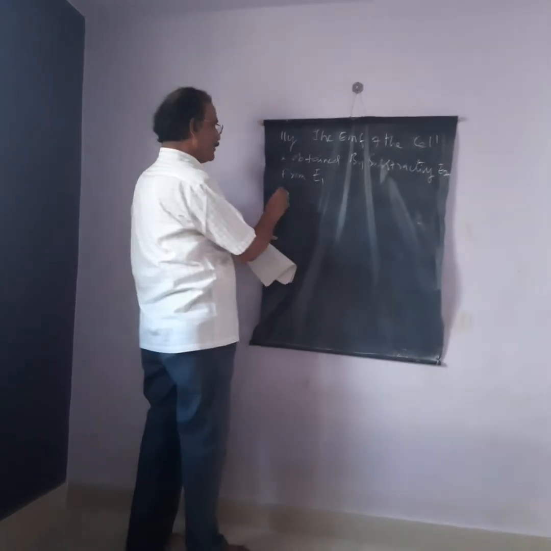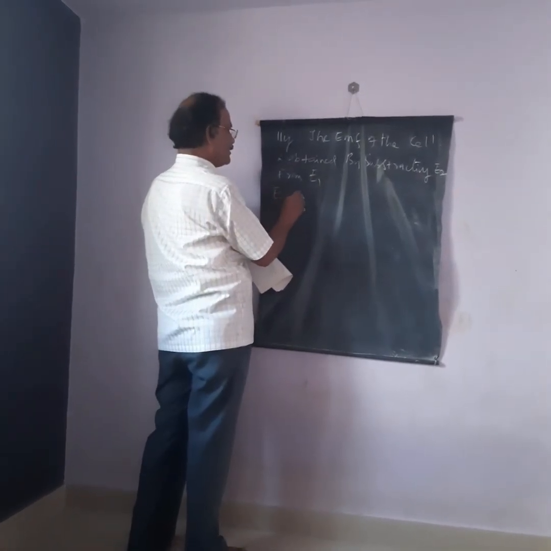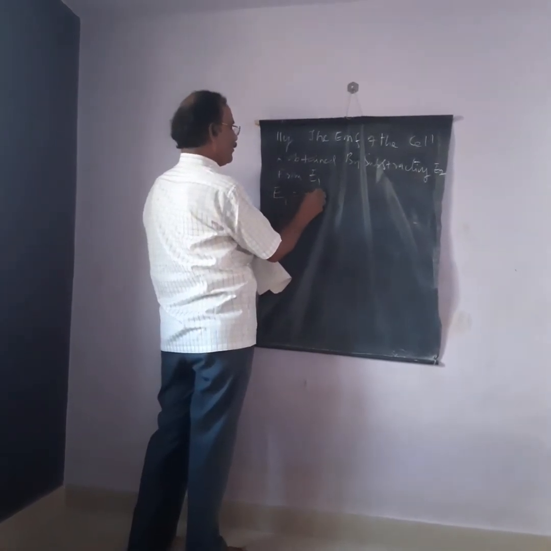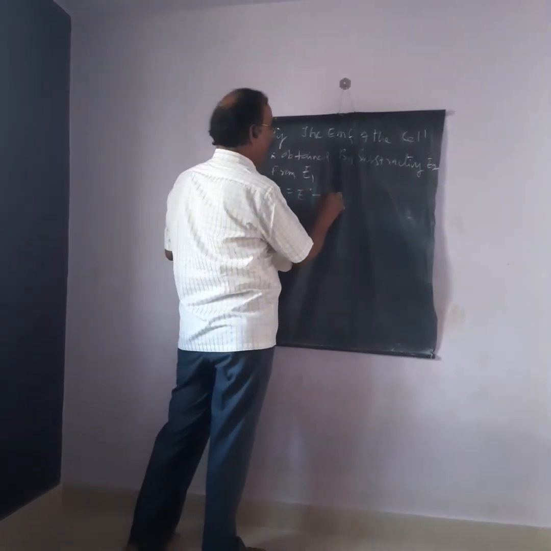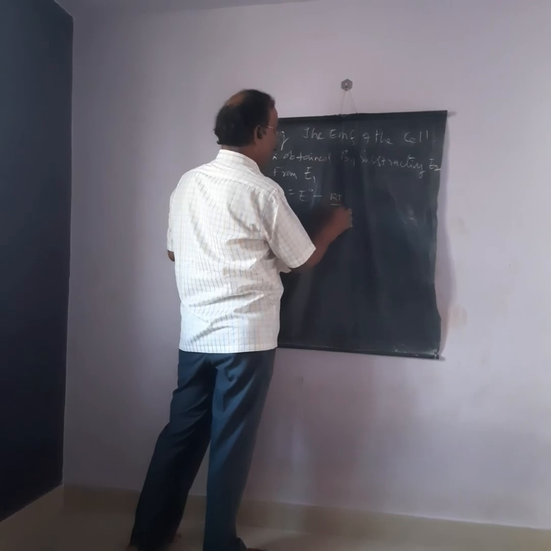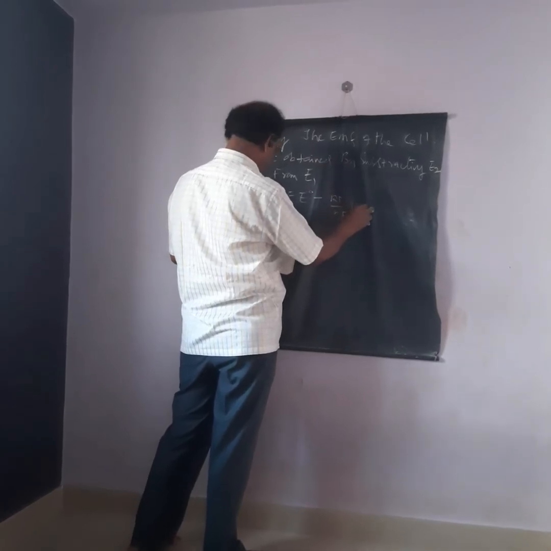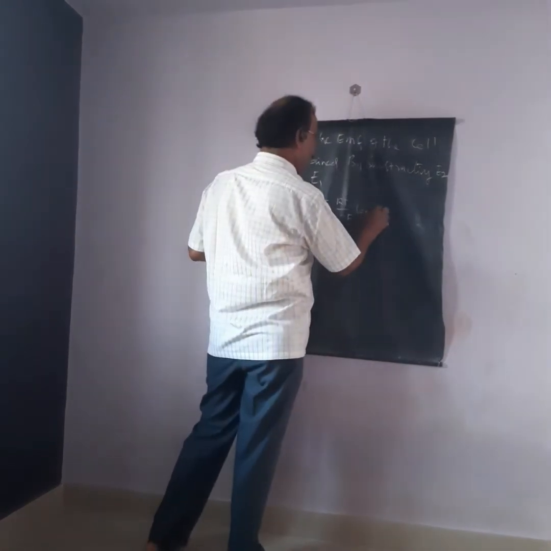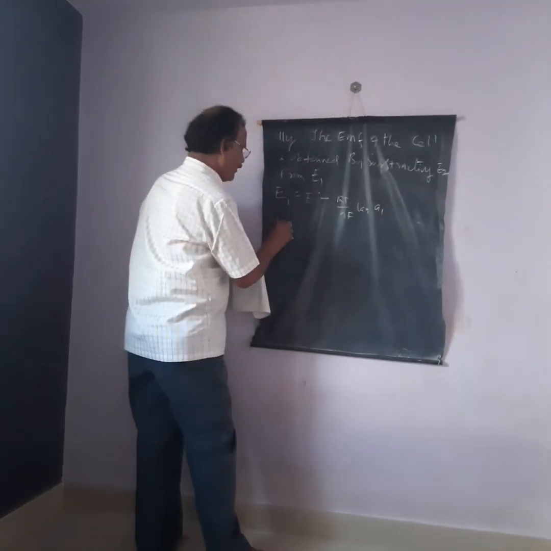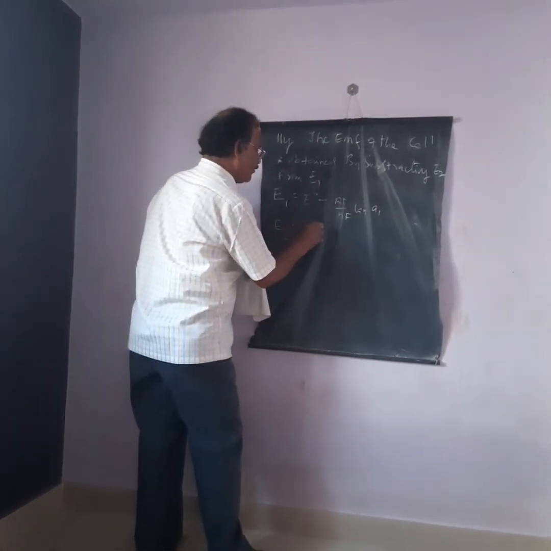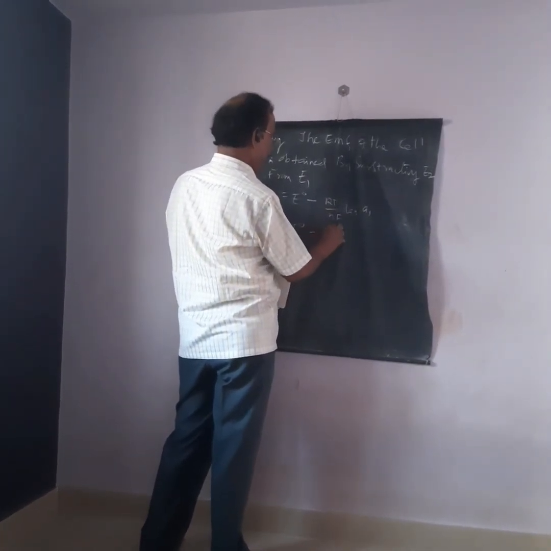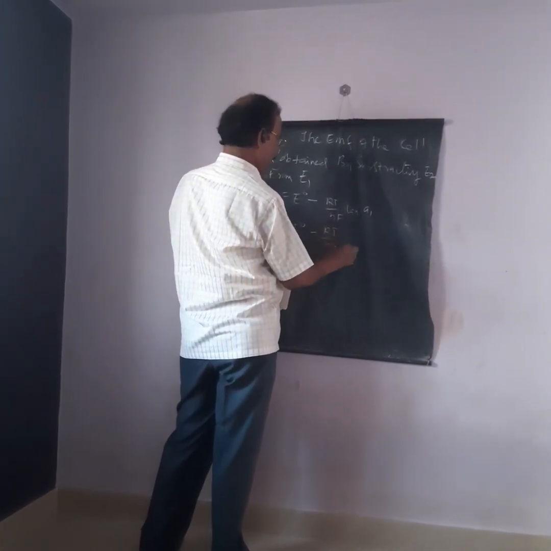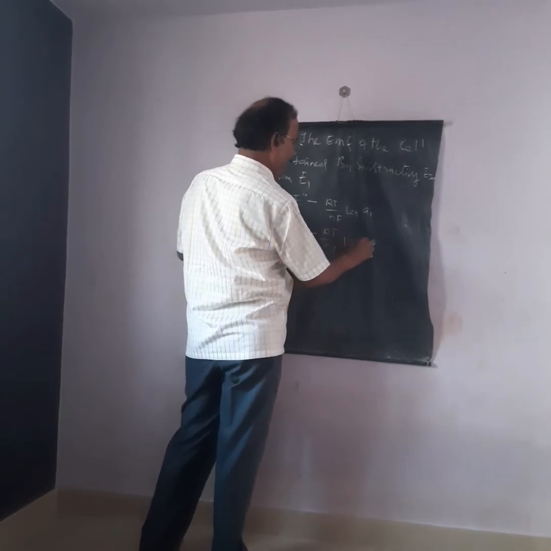That is, E1 I can write as E0 minus RT by nF into ln A1, and E2 is given by E0 minus RT by nF into ln A2.